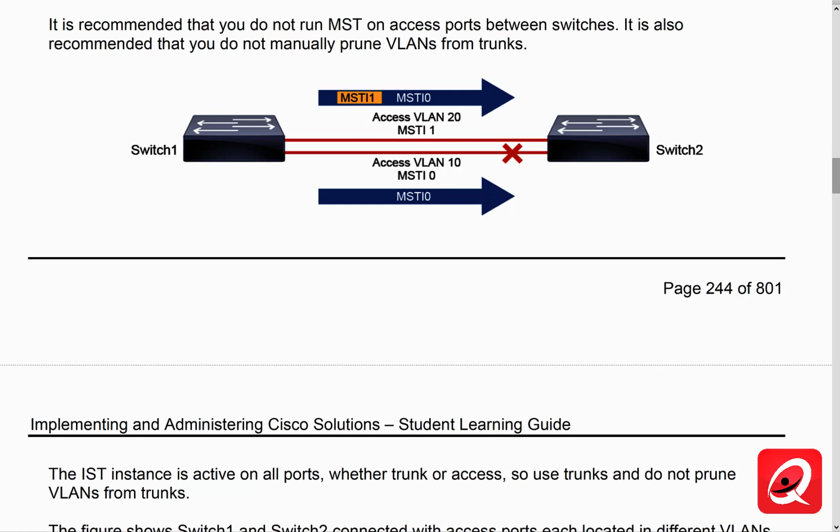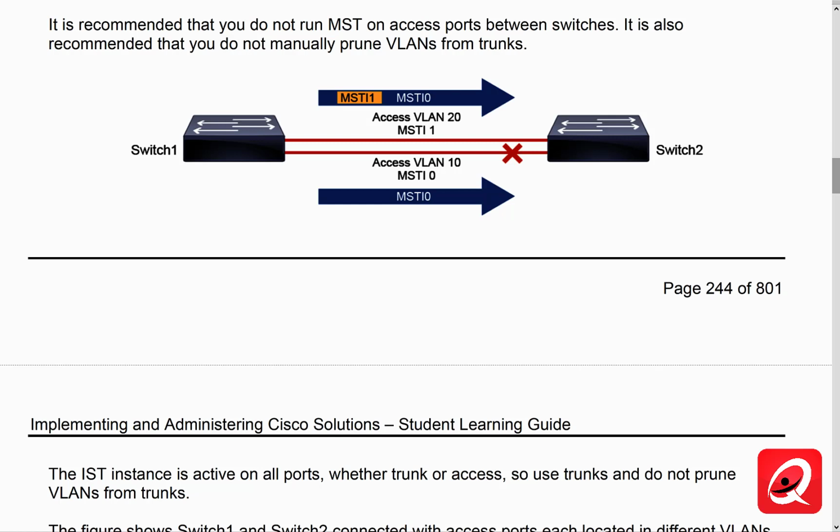But again, we're carrying the information in an individual BPDU. So for MST information, we're not generating separate BPDUs for every MST instance that we're running. We're only generating BPDUs for the IST instance. It doesn't matter how many instances we actually have configured on the switch. So the individual instances do not send out their own separate BPDUs.